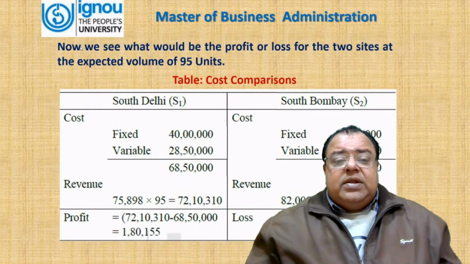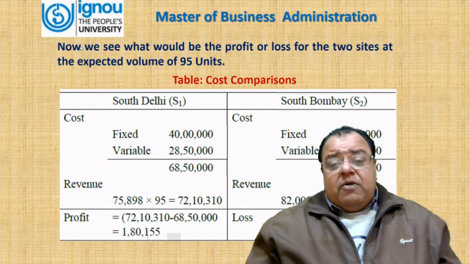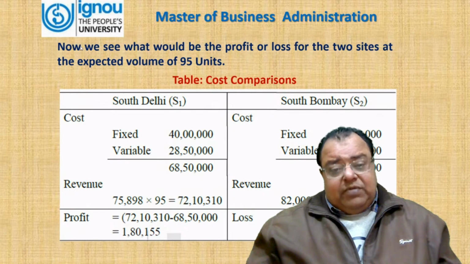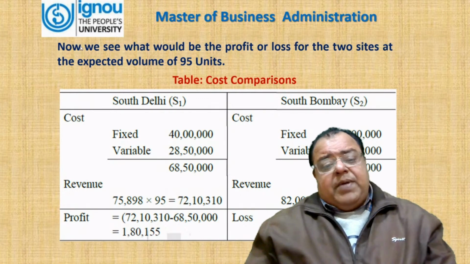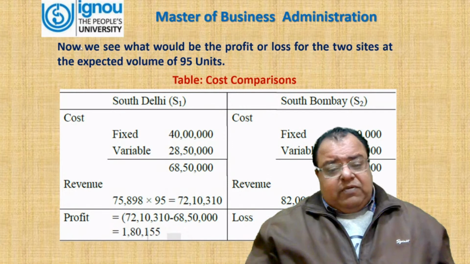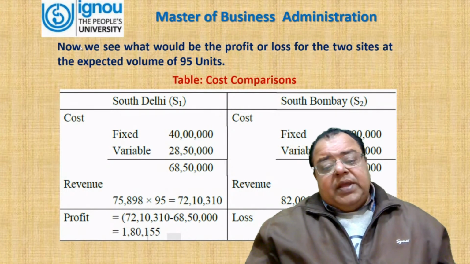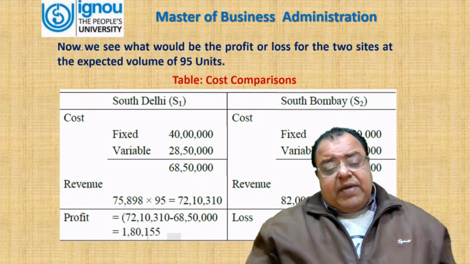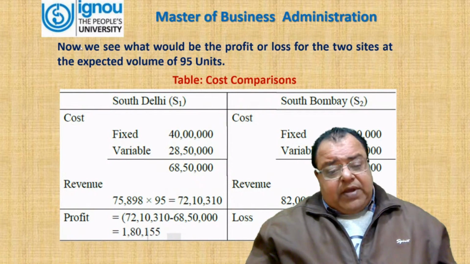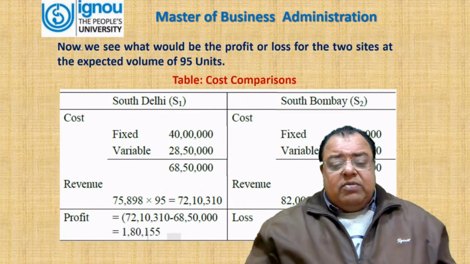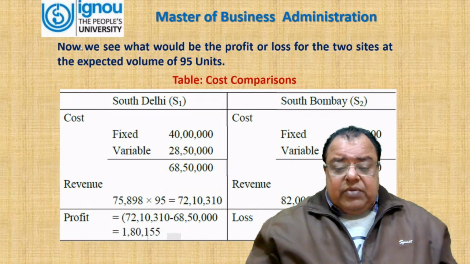Now we see what would be the profit or loss for the two sites at the expected volume of 95 units. So this is the comparison. Cost is fixed plus variable, that is 68 lakhs 50,000. And for Bombay, it is 82 lakhs 80,000. Revenue is 75,898 into 95, which comes out to be 72 lakhs 10,310.